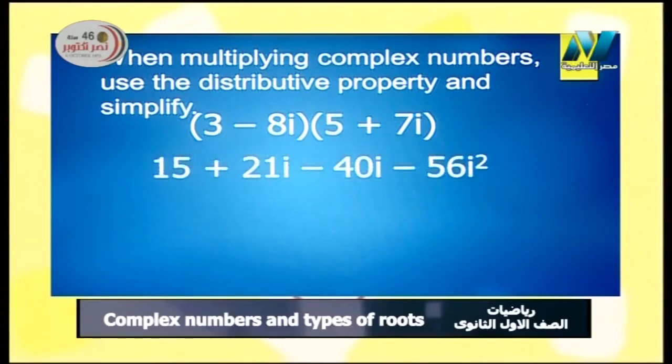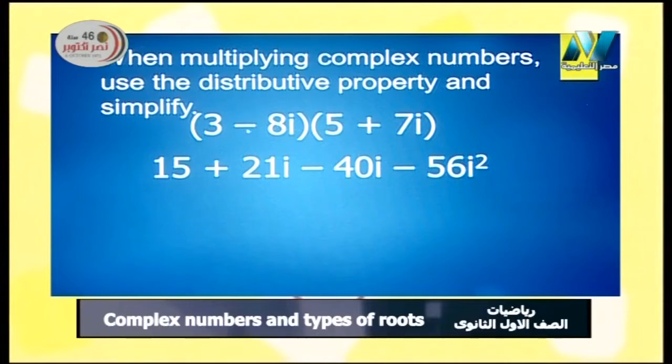We will find that 3 times 5 equals 15 here, and 3 times 7i equals 21i. Then we transfer to negative 8i. We will multiply negative 8i by 5. The result will be negative 40i.